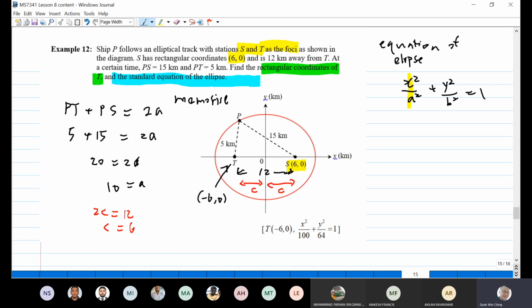Okay, c is equal to 6 now. How can you find b now? You can use the formula c squared equals a squared minus b squared. Always the bigger one minus the smaller one squared. So c equals 6 now, a equals 10, minus b squared.